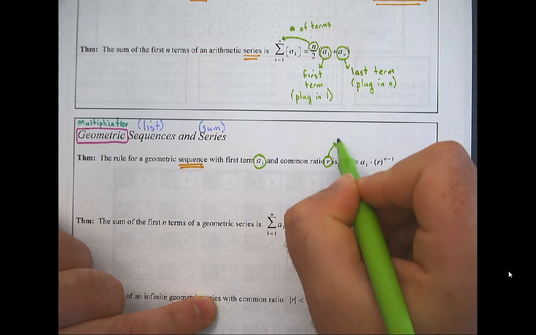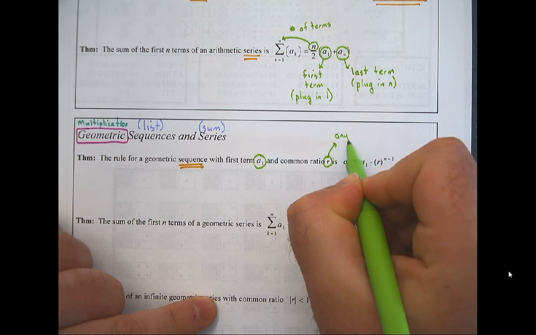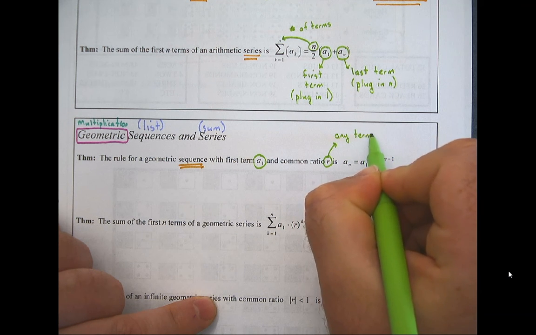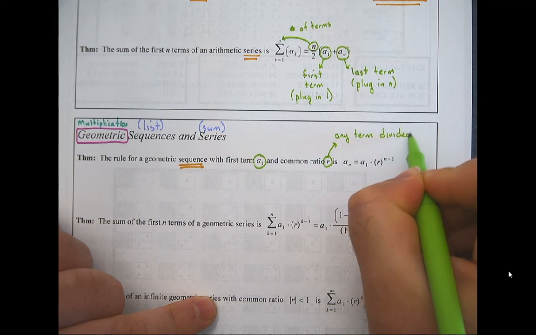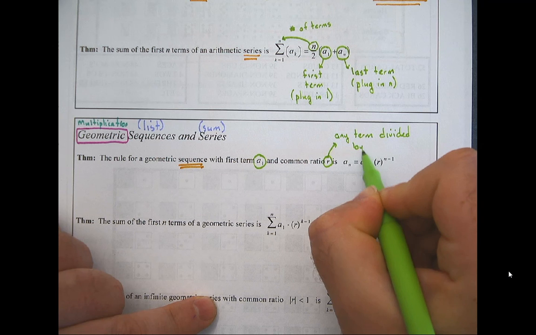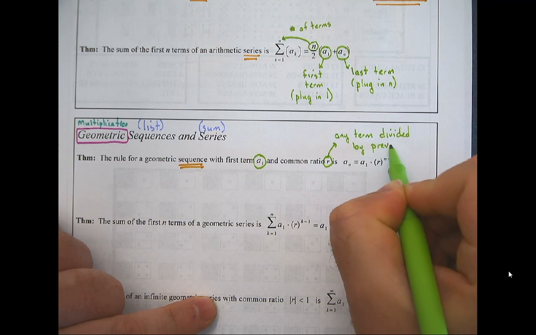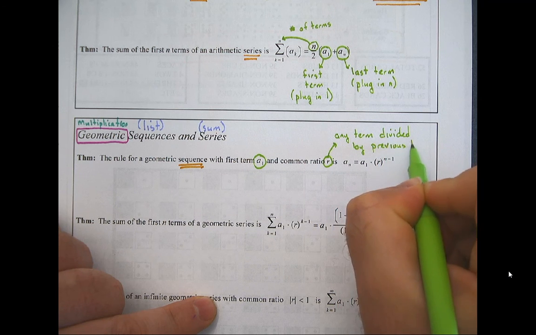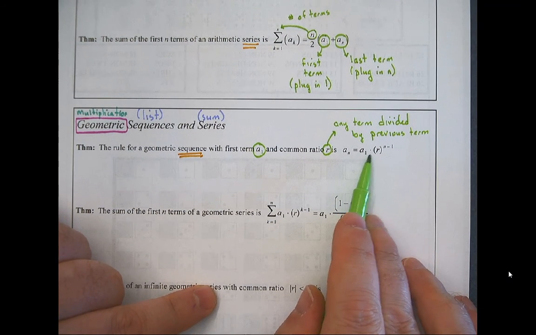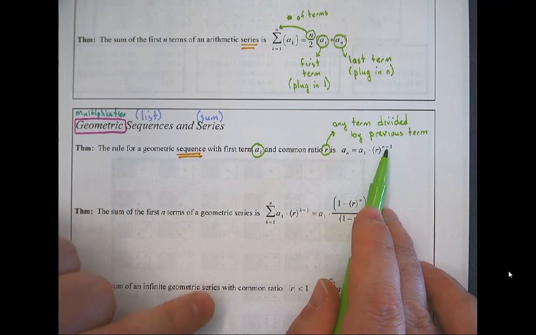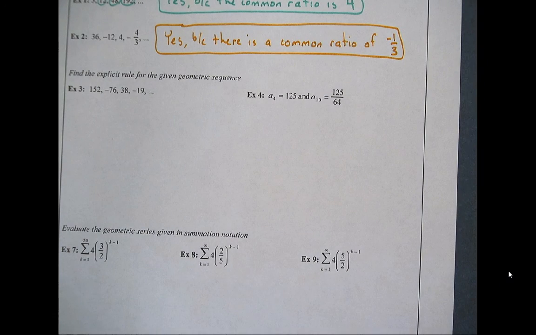So to find the ratio, take any term divided by the previous term. And then we plug it into this formula, a sub 1 times the quantity of r to the n minus 1.